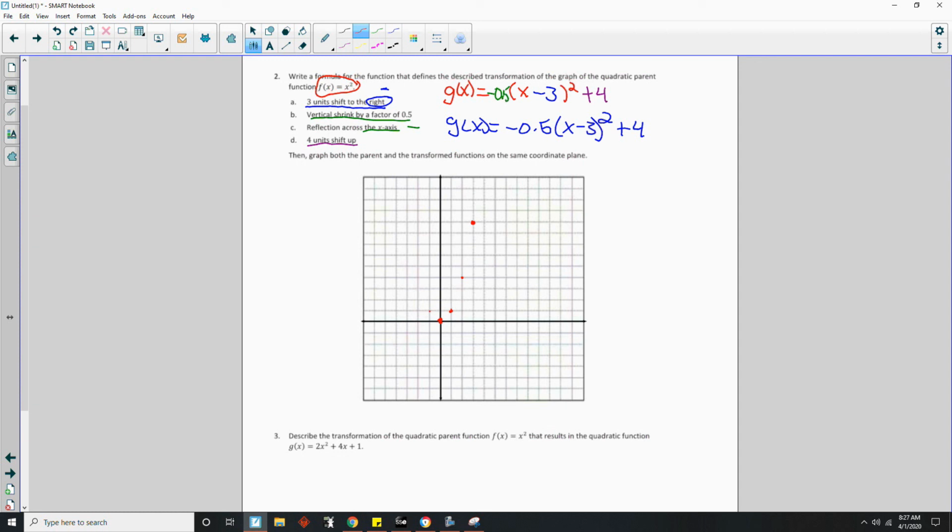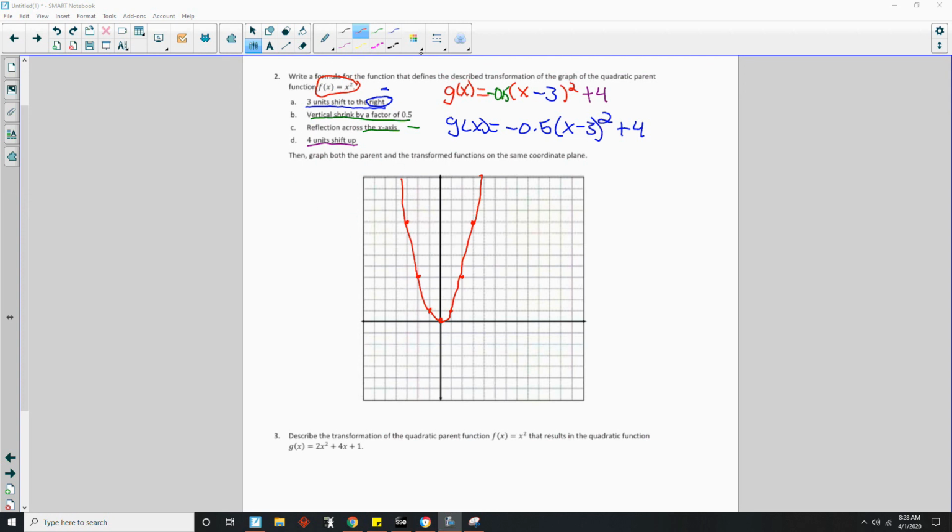So over 1 more, put a dot there. Over 2 more, put a dot there, over 3, put a dot there. Okay, so there's the graph of my parabola, if you will. It's pretty sloppy, but it's hard to draw with this pen.